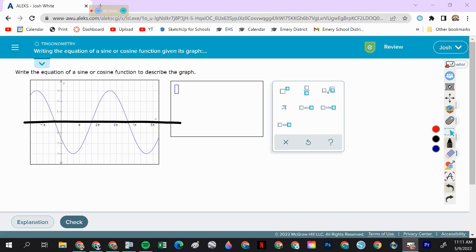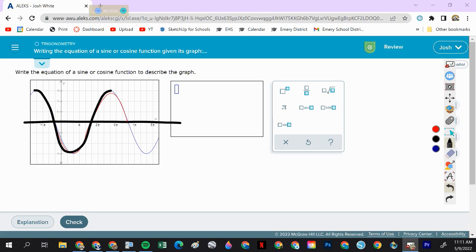If we want to do a sine, then this is my full cycle, and it has been shifted to the left, and it's upside down, right? If I want to do cosine, then this is my cosine graph, and it has been shifted to the left as well. It just got shifted further.